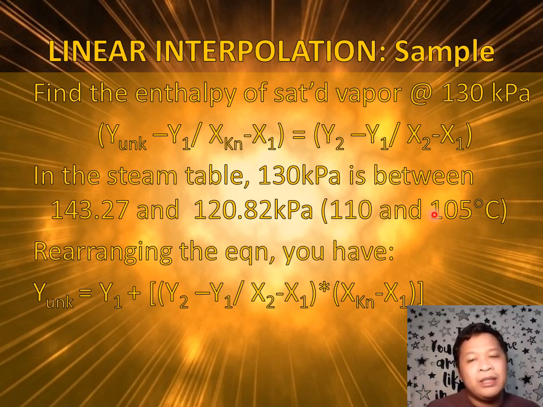So in this case, we can use pressure instead of temperature values kasi nga pressure naman yung isang given mo kesa mag-interpolate ka pa to determine anong ilang degrees Celsius ang katumbas nito, no? Anyway, so yun.